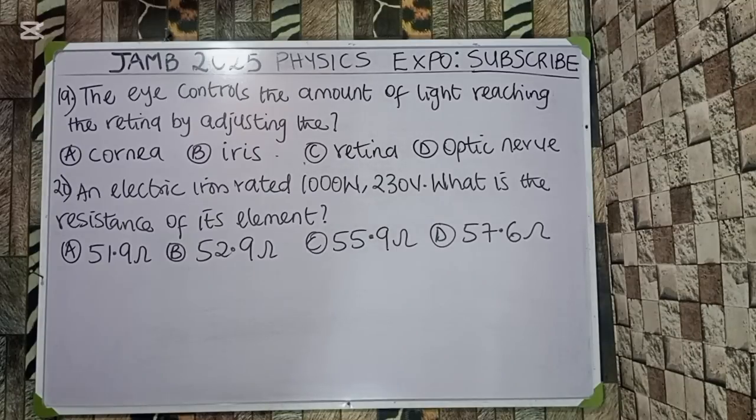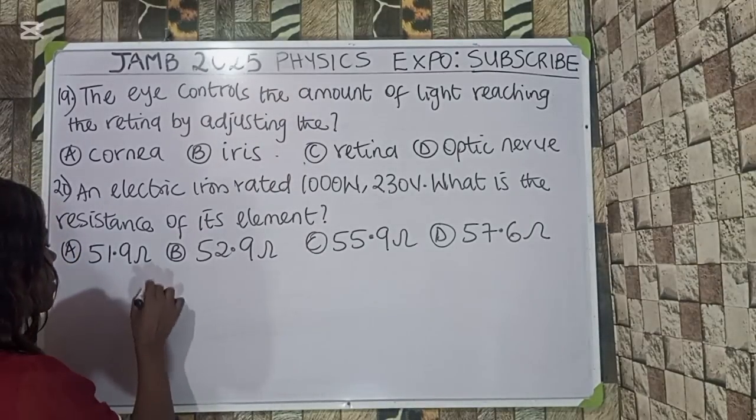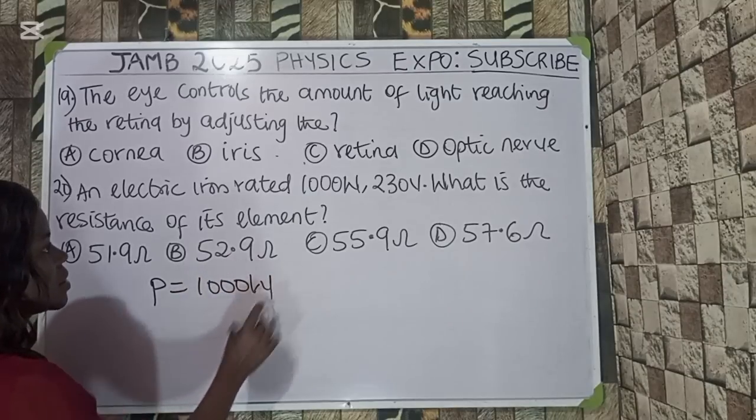Question 20. An electric iron is rated 1000 watts, 230 volts. What is the resistance of its element? Option A, 51.9 ohms. Option B, 52.9 ohms. Option C, 55.9 ohms. Option D, 57.6 ohms. Now, this question is talking about electric power. You know that power is given as 1000 watts, right?